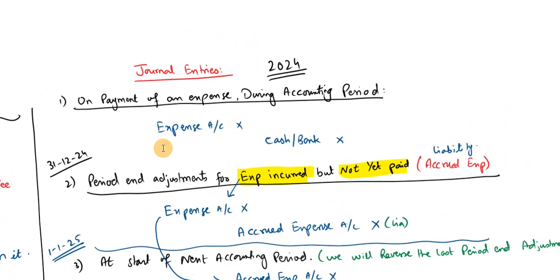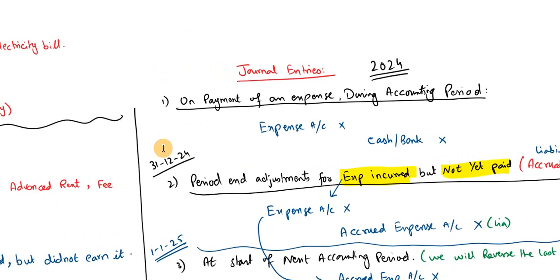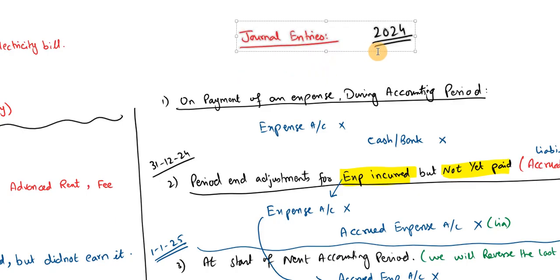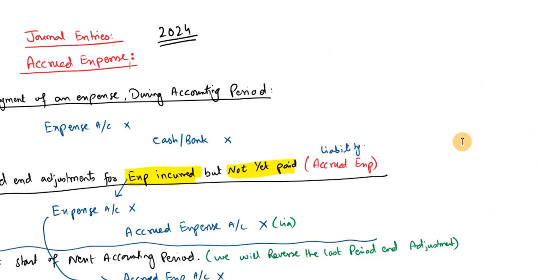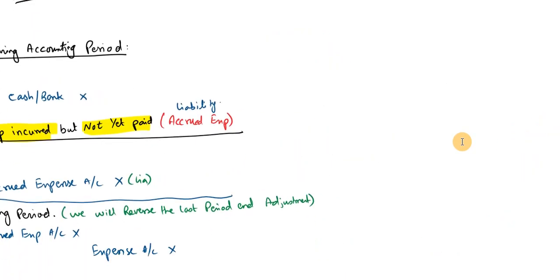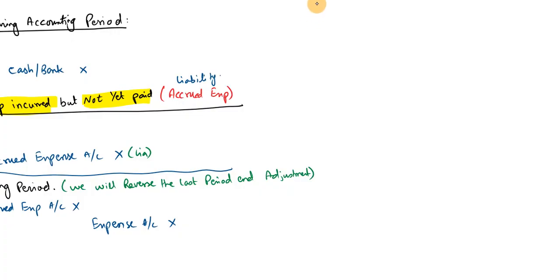Okay, so these are the journal entries related to the accrued expense. So what if we make the journal entries related to the prepaid expense?